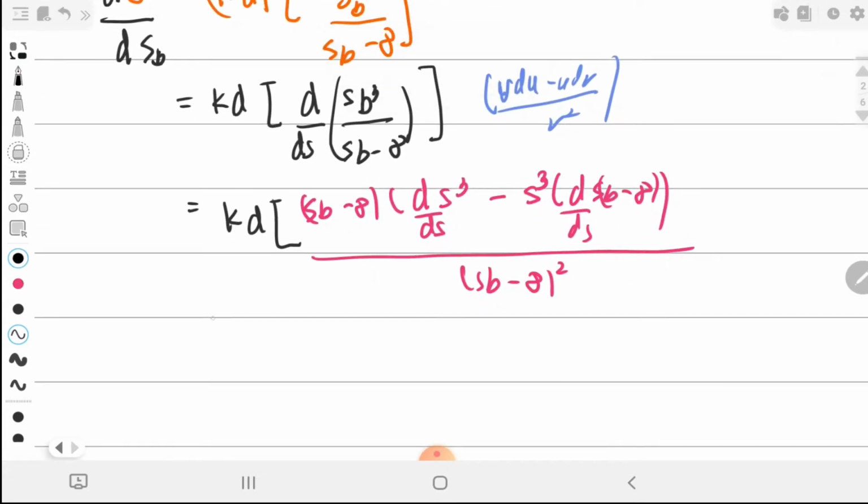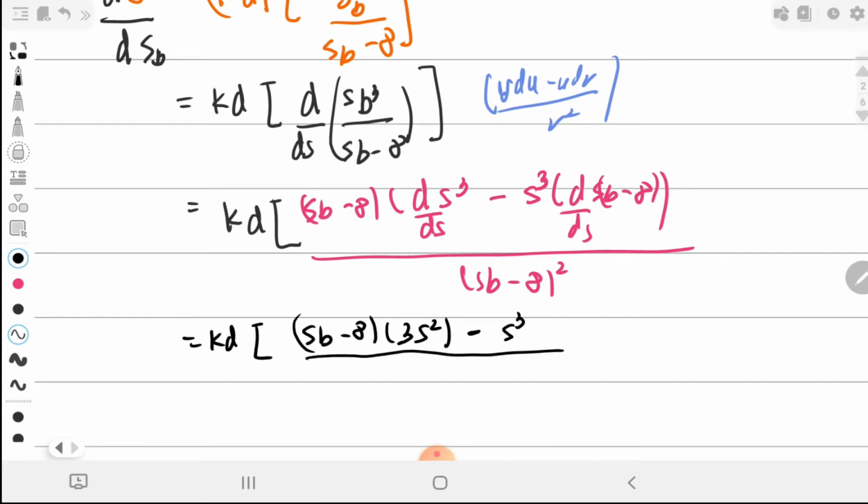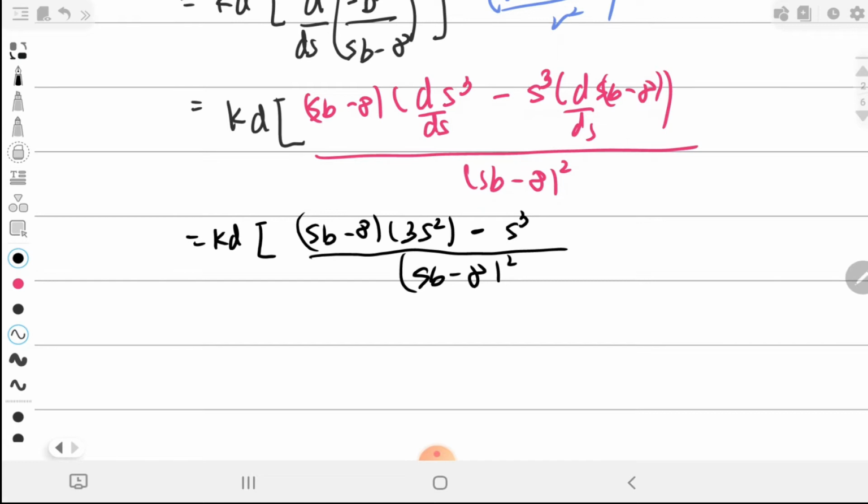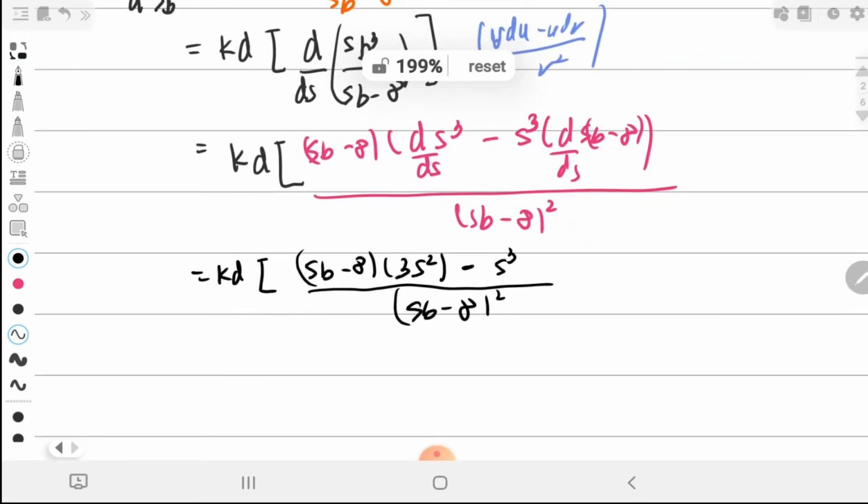So from here, I will have KD multiplied by SB less 8 multiplied by 3S squared less S cubed multiplied by the derivative of SB, which is 1, divided by SB less 8 squared. So we have our derivative dC over dT.